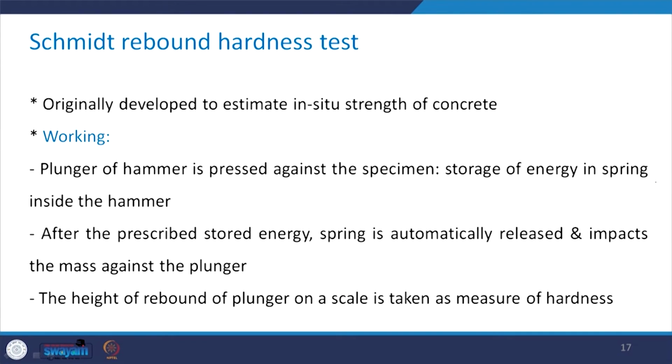Now coming to the next test, which is useful in order to obtain the compressive strength of the rock, and it is very simple, that is called the Schmidt rebound hardness test. This was originally developed to estimate the in situ strength of concrete. What exactly is its working? So there is a hammer in the body of this Schmidt hammer, so we call it the Schmidt hammer, and there is a plunger.